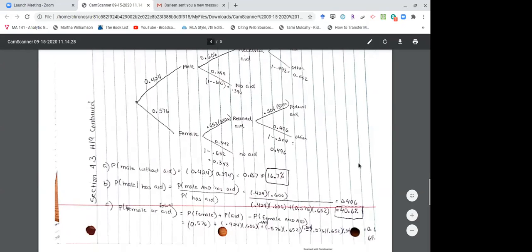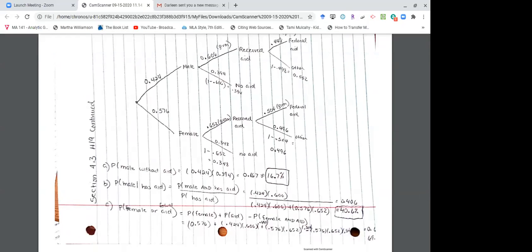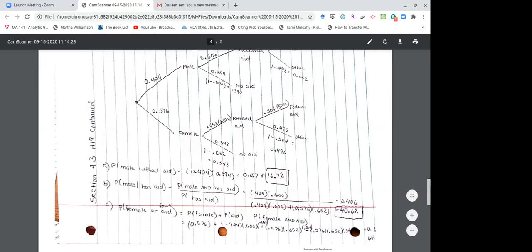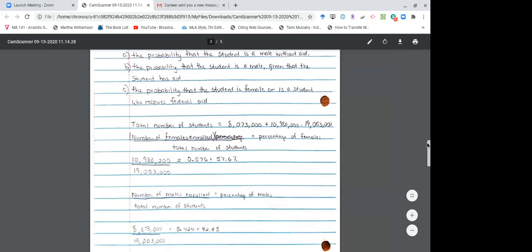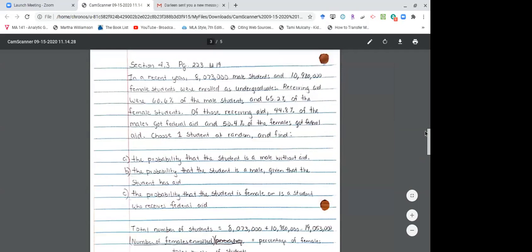So male, 0.424, with no aid, 0.394. Male and no aid multiply, that's 0.167 or about 16.7%.